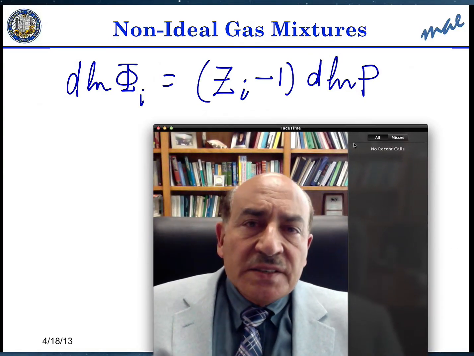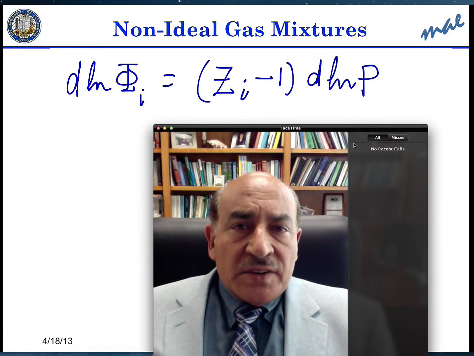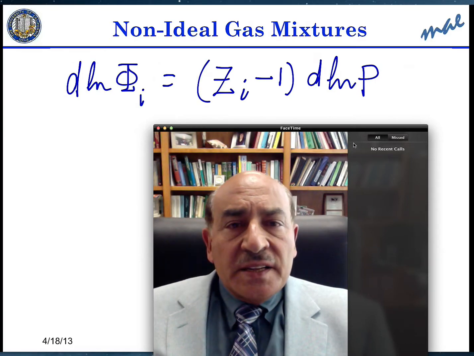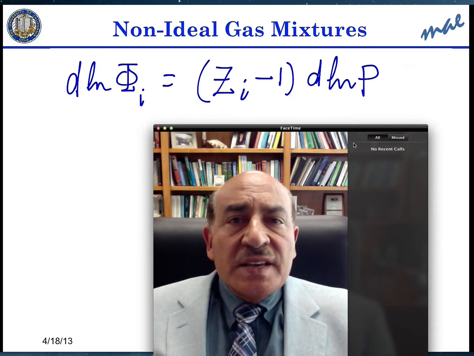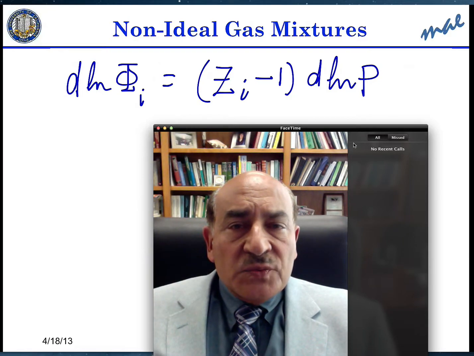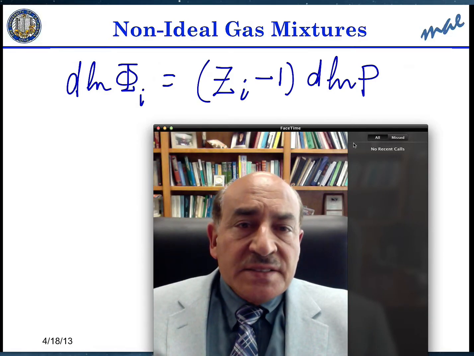I can do the integration very easily. On the left side, it can give me phi from a reference point. On the right side, I can integrate it from any low pressure to a high pressure. The reference point we're going to choose is the ideal gas reference point, where at low pressure, all gases, real or not, behave like ideal gases.